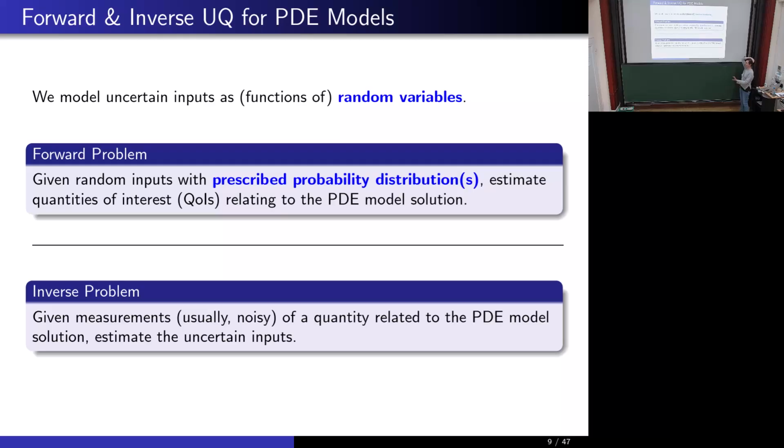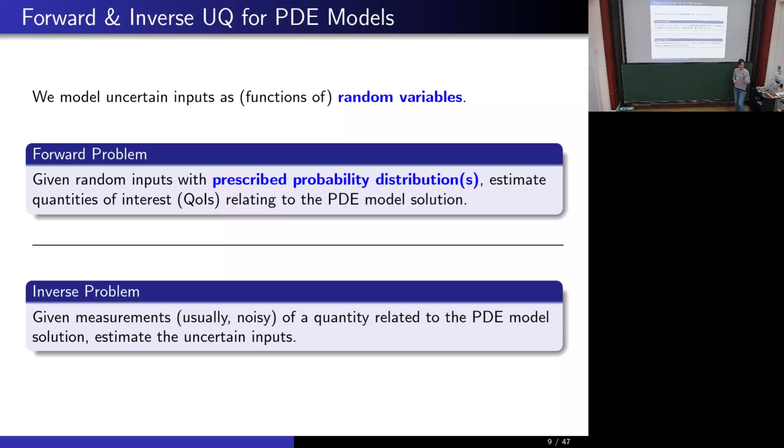So in forward UQ, this is what these sessions are about. The idea is this: you've got your PDE, and you're uncertain about your inputs. You have to find, and this is another modeling step, some way to encode all your uncertainty about the inputs to your problem with some random model, which has a probability distribution associated with it.